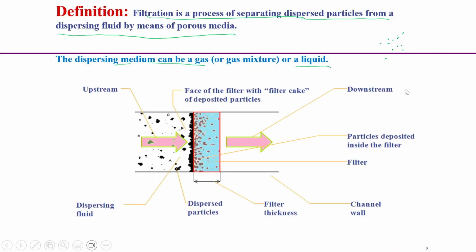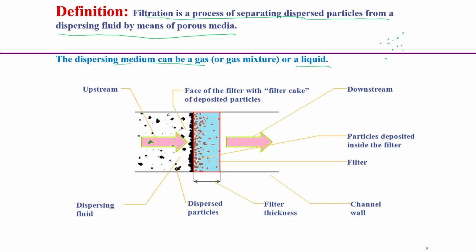Now, if you see this system here, this is the upstream side from which the pollutant is coming, and the dispersing fluid may be liquid, may be gas, air.